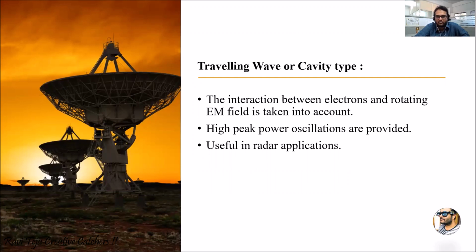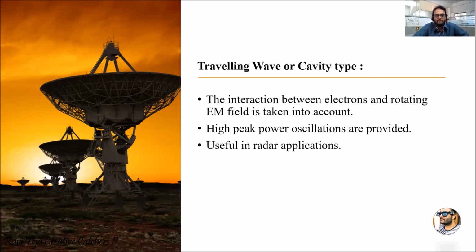huge microwave frequencies using the magnetron concept, where the interaction between the electrons and the rotating electromagnetic field is taken into account. As we all know, in a tube, whether a magnetron, traveling wave tube, or cavity, there is an RF signal or electromagnetic field interacting with the electron beams, right?